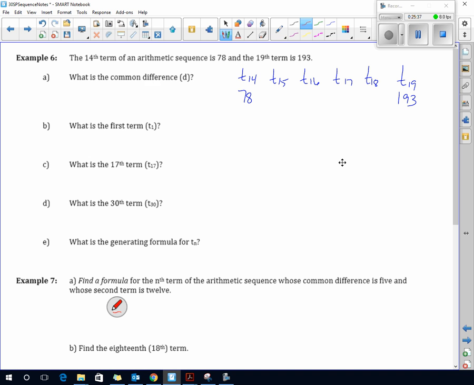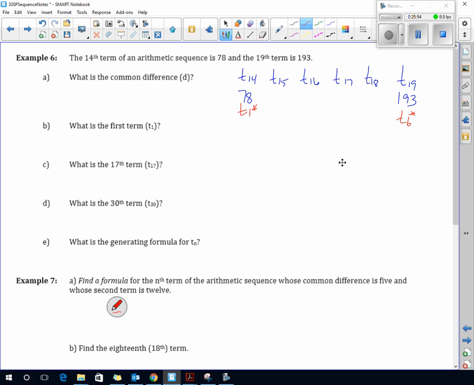Does everybody see that? So now, if you know term 1 and you know term n, you can find the common difference pretty easy, right? That's just like the last questions. Yes? I'll go back and show you.